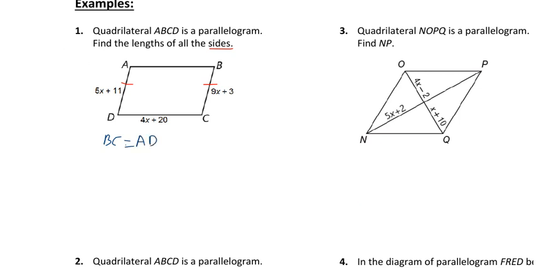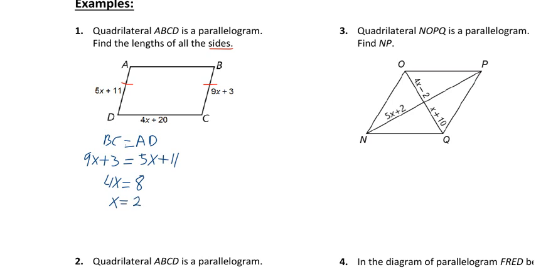So that is 9x plus 3 is equal to 5x plus 11. So putting all the variables on one side, that would be 9x minus 5x, that's 4x. And 11 minus 3, that would be 8. And x would be equal to 2.